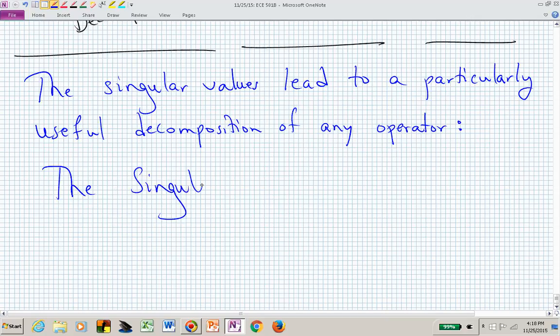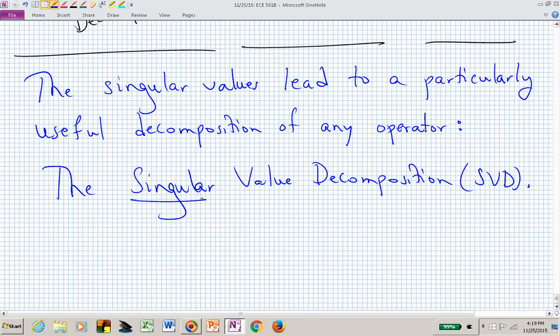And that decomposition is in fact the singular value decomposition, which a lot of times is abbreviated as SVD.